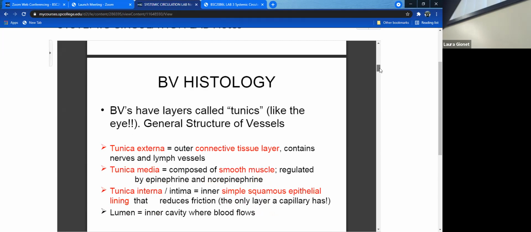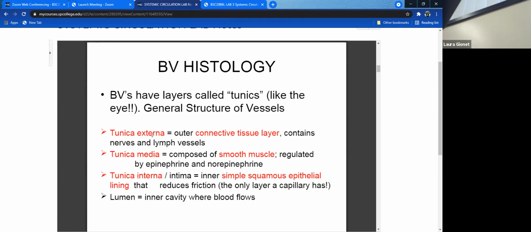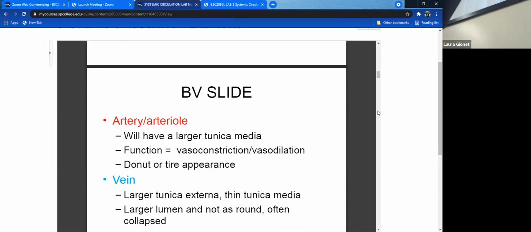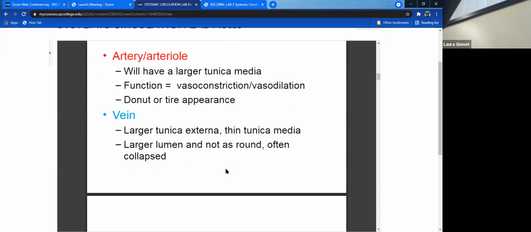Blood vessel histology: they have 3 layers, tunica externa, media, interna, made of connective tissue, smooth muscle, and simple squamous epithelium. On the blood vessel slide, an artery or arteriole has a very large tunica media, which functions to vasoconstrict and dilate, and has the donut tire appearance. A vein, in blue because it carries deoxygenated blood, has a thicker tunica externa, a thin tunica media, and is often collapsed on itself.